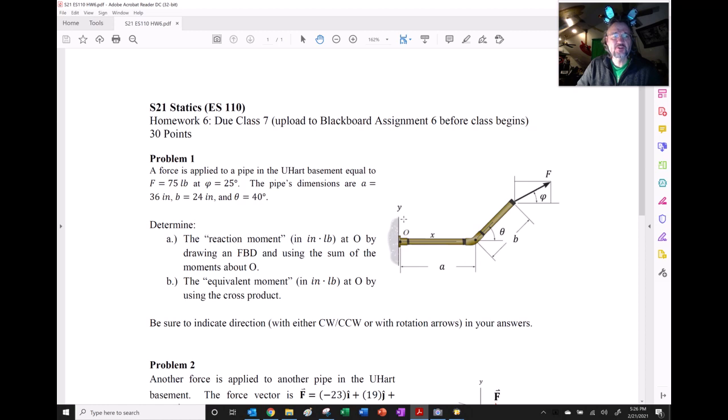The pipe's dimensions are 36, 24, and 40 degrees, and we want the reaction moment at O. We also want the equivalent moment at O using the cross product. So there are 2 different methods. I'm trying to make sure we can make this distinction about each one of these. Hopefully I won't cause confusion.